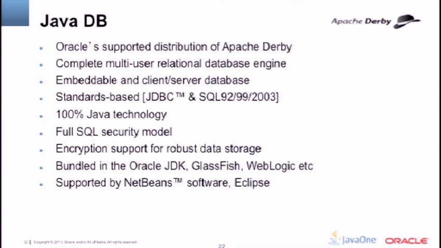And we've been very pleased with the footprint and the performance that we see on embedded devices with it. Some of the benefits of it being a SQL database: it has the full SQL security model. And it's a very full dialect of SQL, so it's very familiar to anyone who already uses SQL.